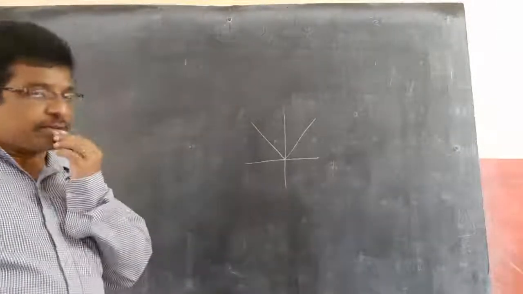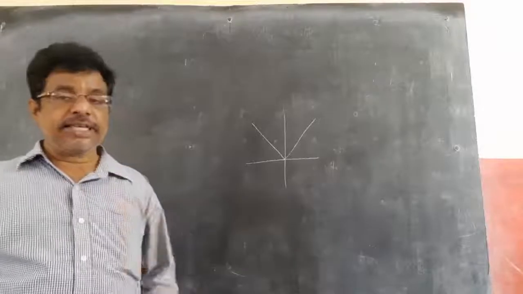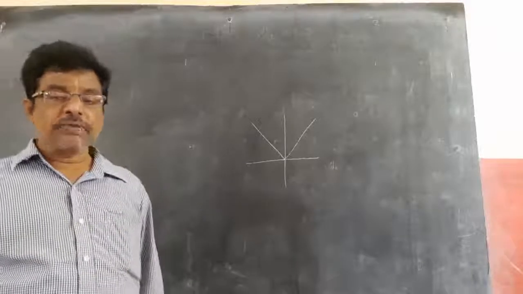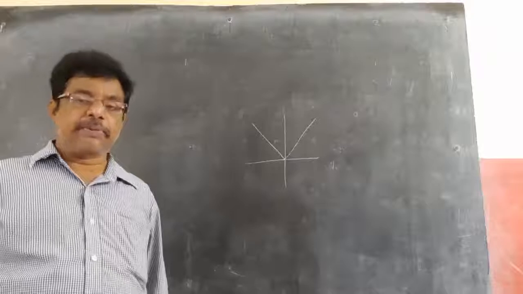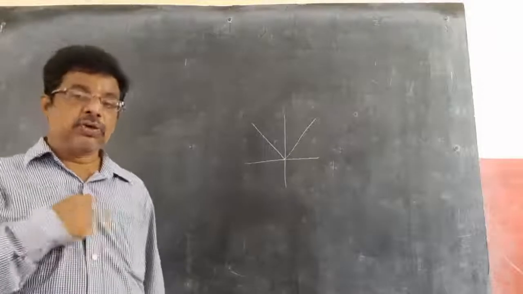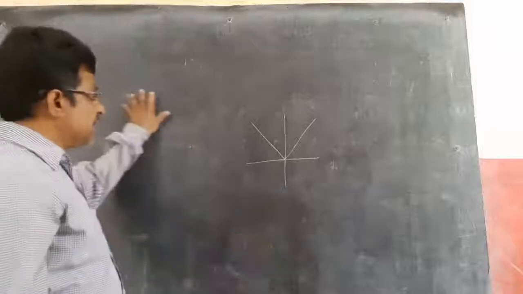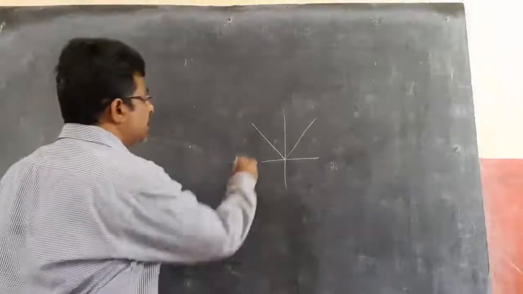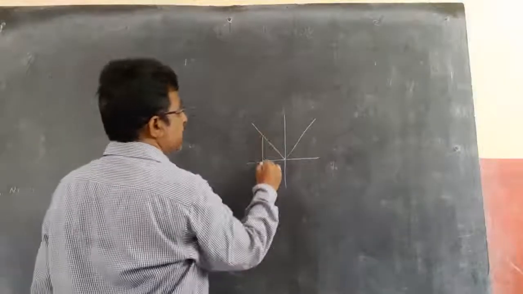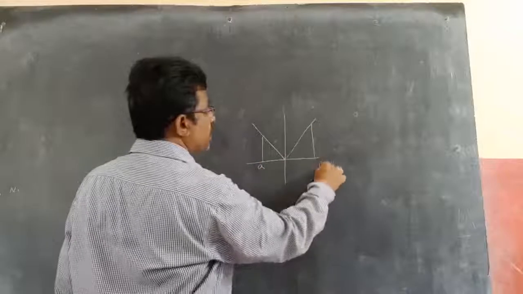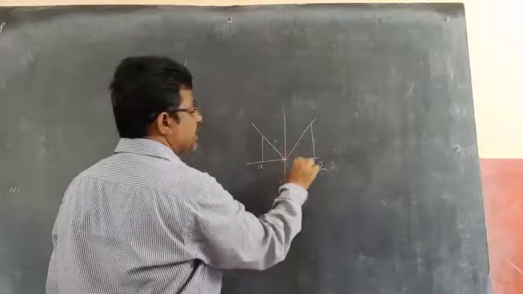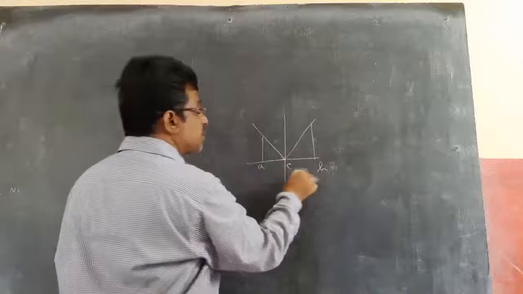So for functions which are not differentiable, or which are discontinuous, at some particular point and continuous elsewhere, you can split the integration at that point. For example, I am going to find the integral from a to b, but the function is not differentiable at some c, so I can split it into a to c and c to b.